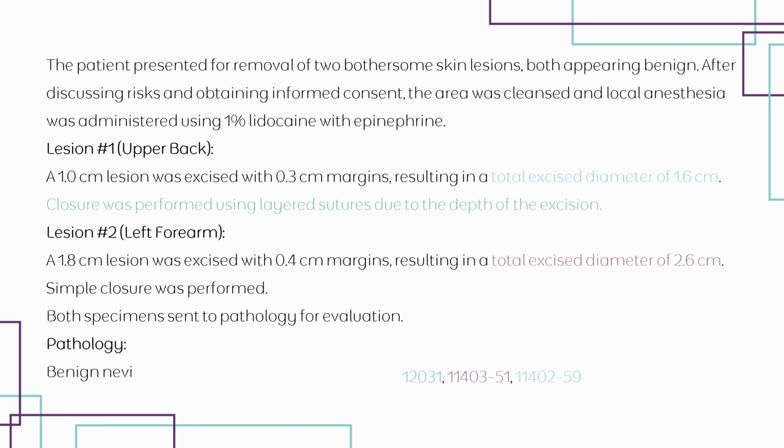And this separate excision is done on a separate lesion, therefore we need a modifier 59. Now let's add the diagnosis codes. Since both nevi are the reason for the encounter, there is no need to sequence one in front of the other. This exercise is a great practice scenario for interpreting guidelines, applying modifiers, and determining sequencing.